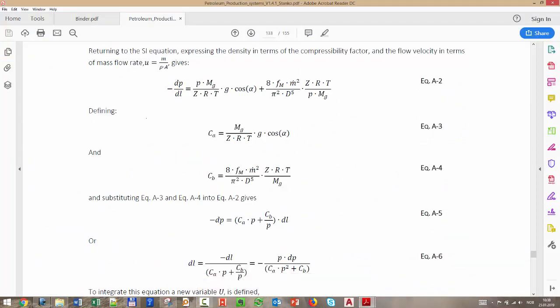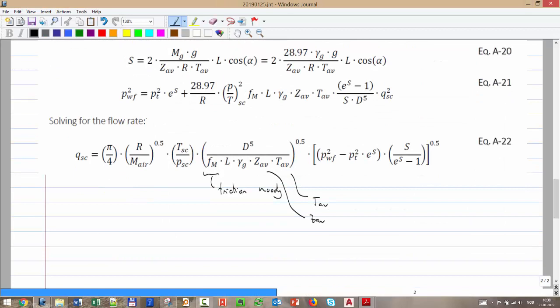Here I have introduced temperature. Pressure I know is changing, but I assume temperature doesn't change that much, so I can make my calculation assuming an average temperature. That average temperature is the temperature at the bottom hole plus the temperature at the wellhead, divided by 2.